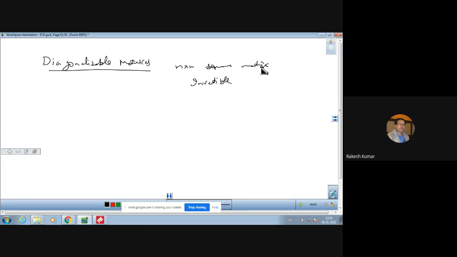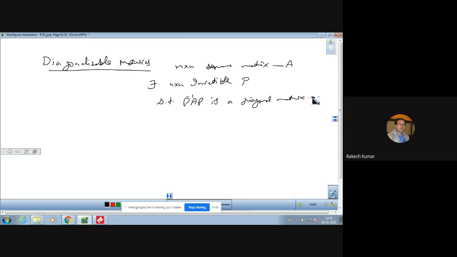Then the square matrix is A, let us name it. If there exists another n by n invertible matrix P such that P inverse AP is a diagonal matrix.